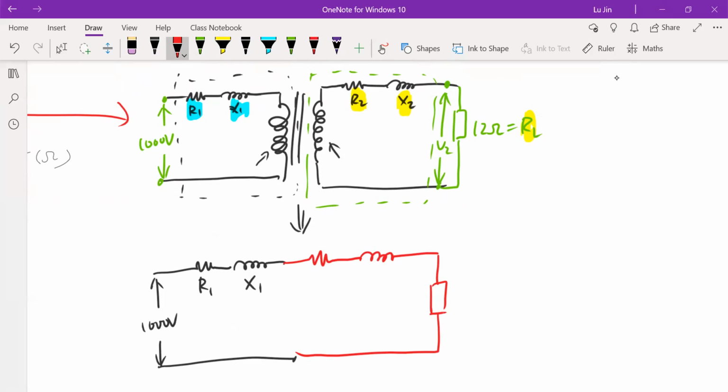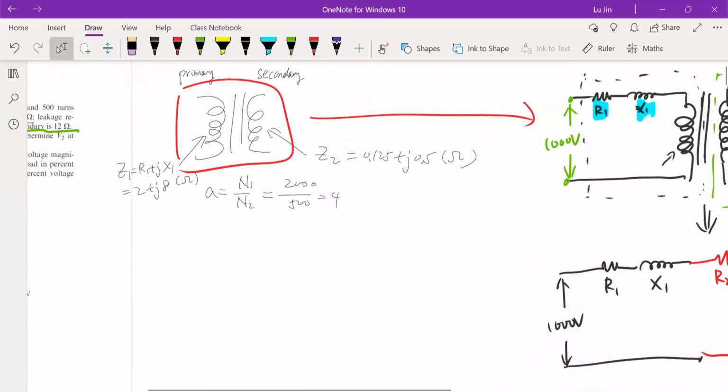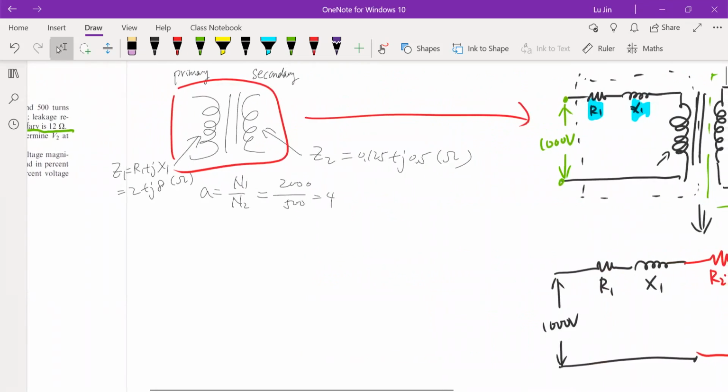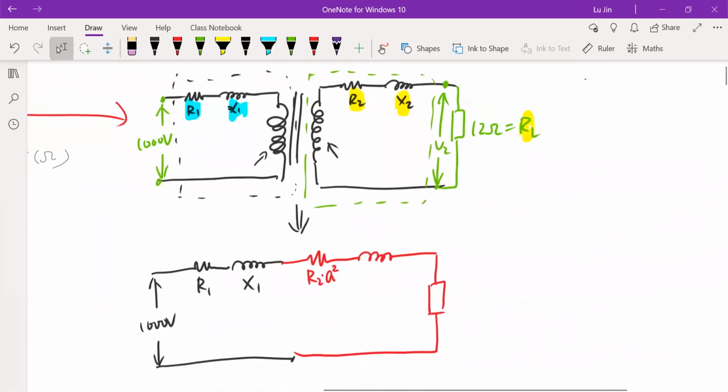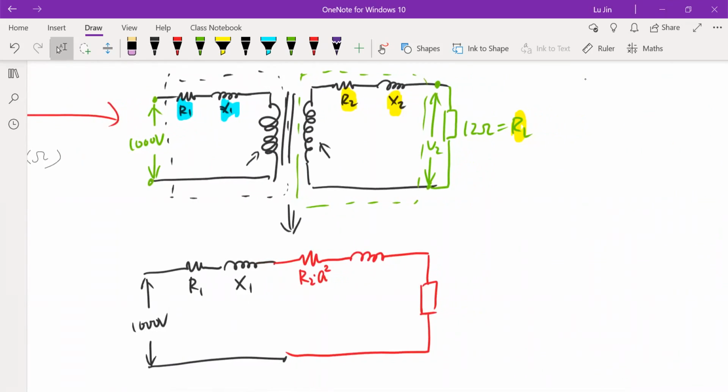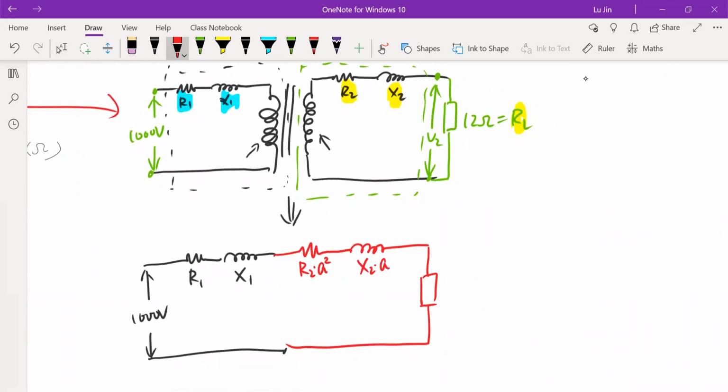The new value will be R2 divided by A squared. What's A? A is the turns ratio. In this question, the turns ratio is 4, which is the primary side coil number divided by the secondary side coil number. For X2, same thing: X2 will change to X2 divided by A squared. For the load RL, same thing, RL divided by A squared.